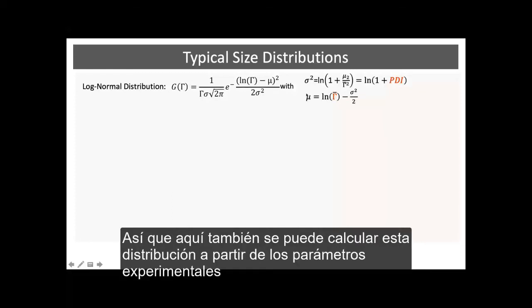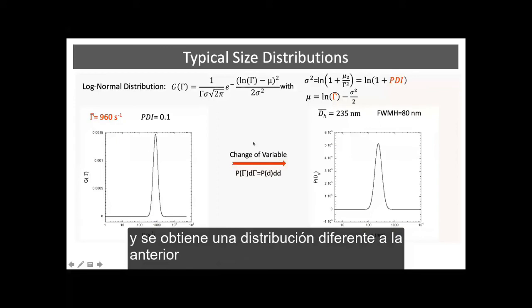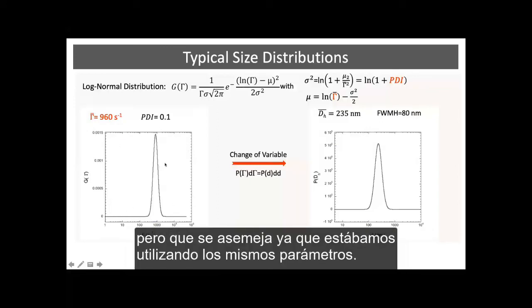So here again, you can calculate this distribution from your experimental parameters, and you obtain a different distribution from the previous one, but that resembles it since we're using the same parameters.